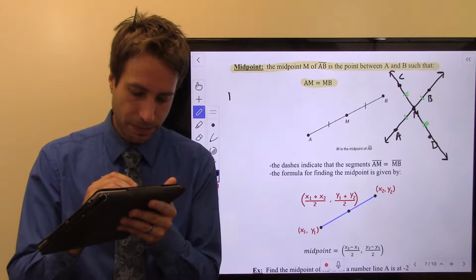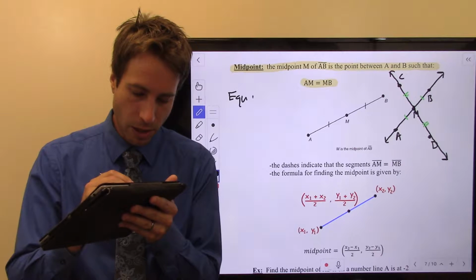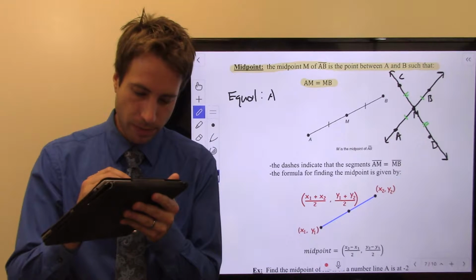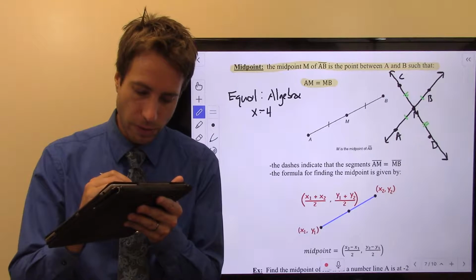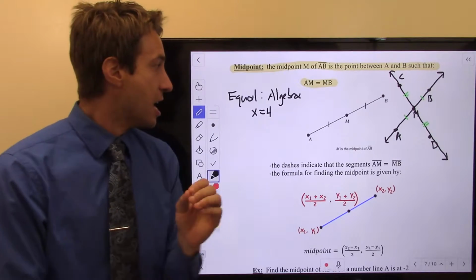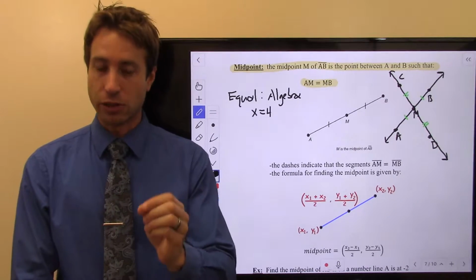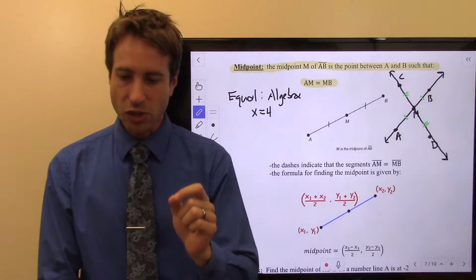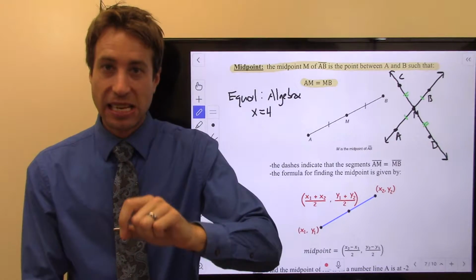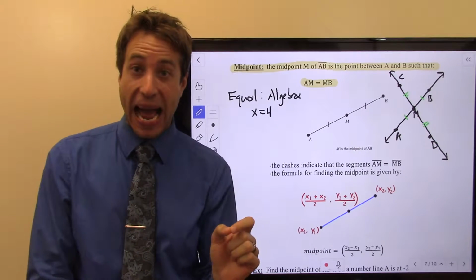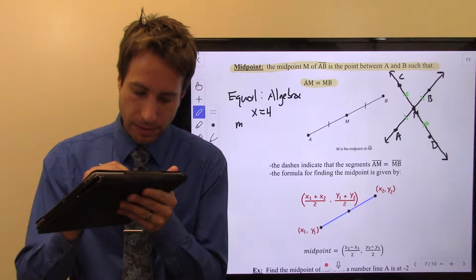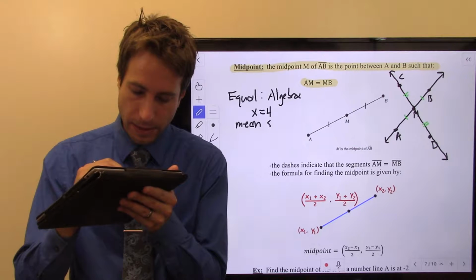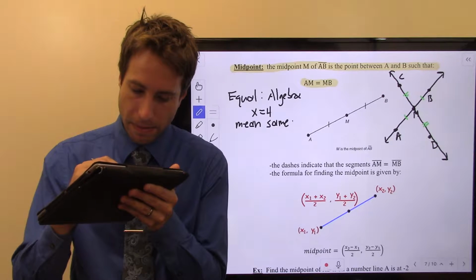In algebra, we use the term equal, like x is equal to 4. Here's what this means. What this is saying is that x is the same magnitude as 4. It means same magnitude.